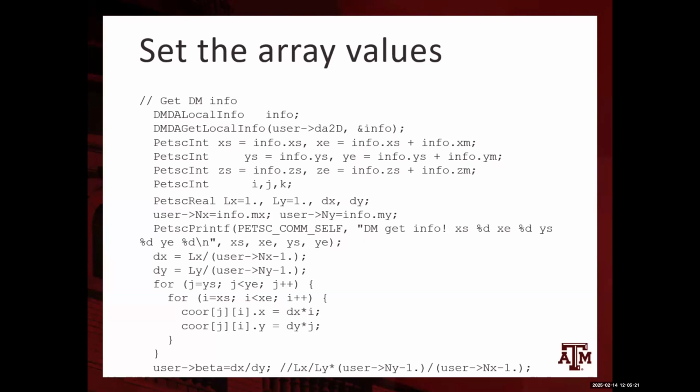The same thing for YS: for example, 0 to 20, that's your YM, and YE is YS plus YM, the last number. That's going to be YS on this node, and then YE is going to be 40. So we get all this information about how the grid is distributed when we are running the code in that DM.